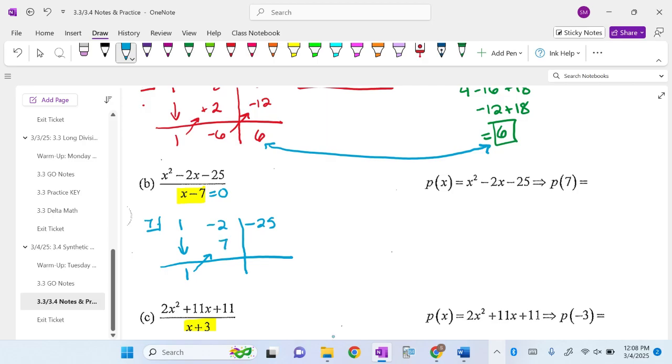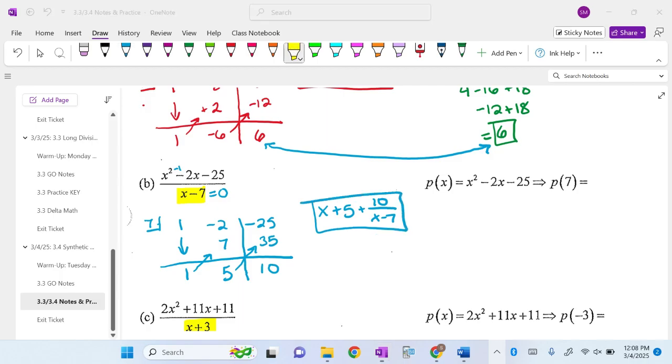What do I get for the bottom underneath the line? 5. What do I get for this number? And then this would be 10. So since we're subtracting 1 from our highest exponent, we start with an exponent of 1, so x. So this is x plus 5 plus 10 over x minus 7.